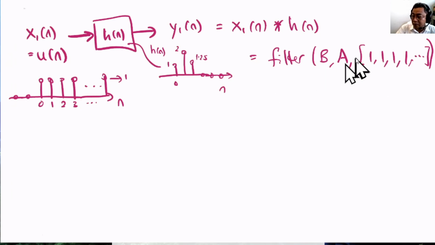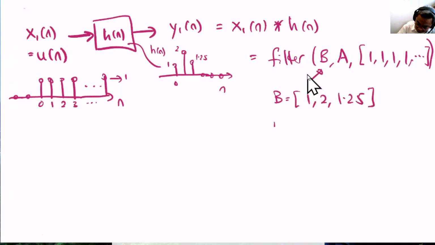So let's try with this first. Remember, b equals 1, 2 and 1.25, and a was 1, and this is x, and let us see what is the value of y1[n].